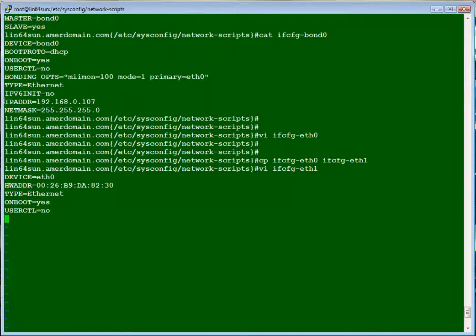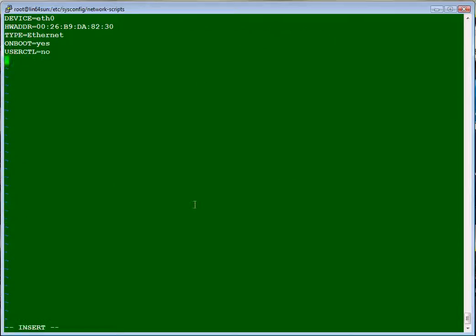The device is your Ethernet 1, and its hardware address, something, we don't know right now, and this entry is not required, and that's all.